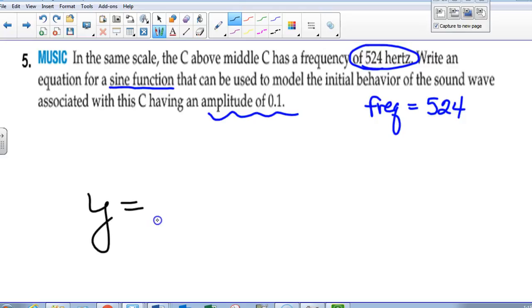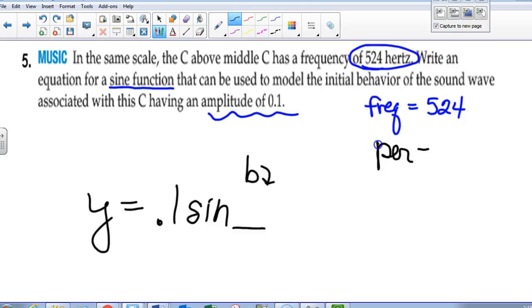Y equals 0.1 sine something. Okay, we need a B here. The frequency is 524. That means the period is the reciprocal, which would be 1 over 524. How do you find B then? 2 pi over B equals the period.